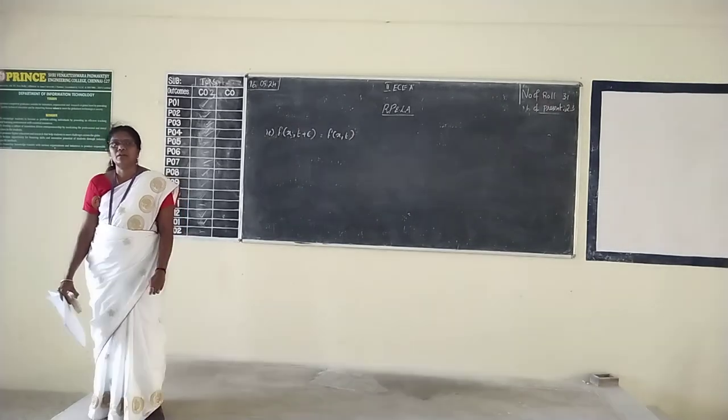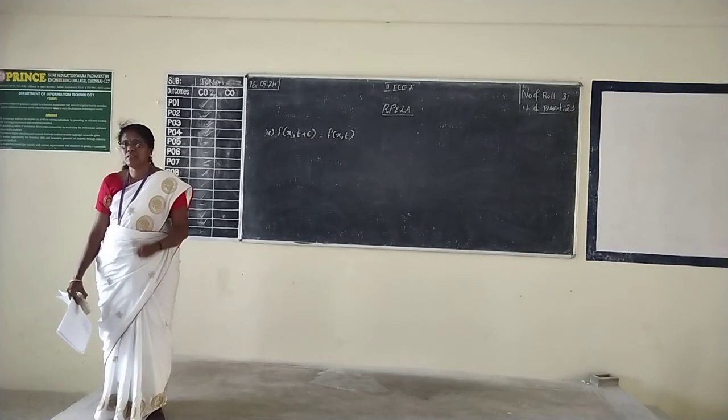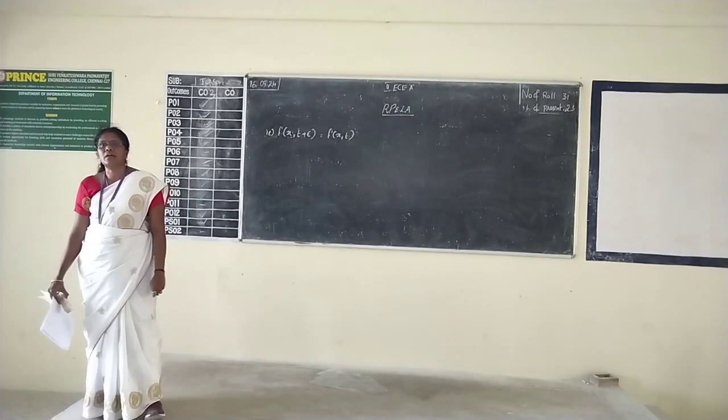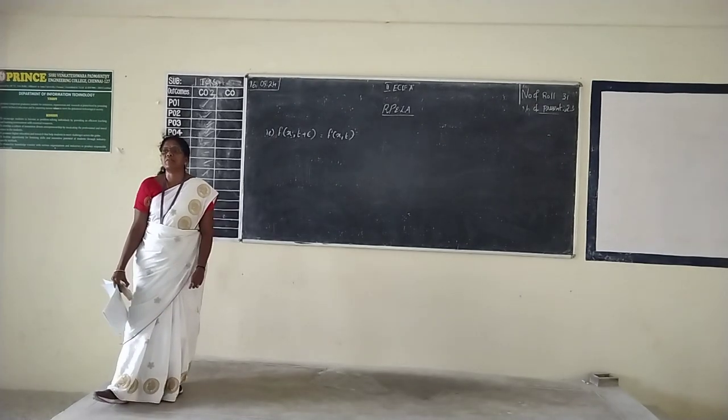Again, one more statement. A first order stationary process has constant variance.